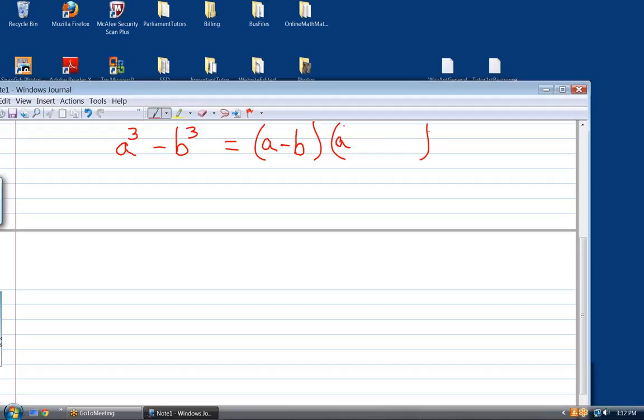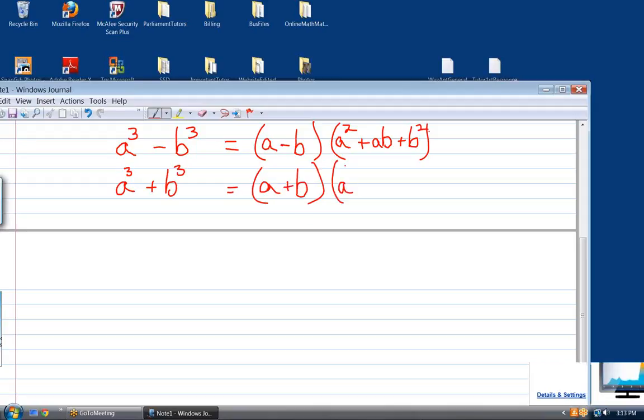But this term has to be a quadratic, and then the middle term has the opposite sign of this. So it's not 2AB, it's just AB. Okay? And difference of sum of cubes is very similar. First term, give it the same sign. Second term, give it the opposite sign.